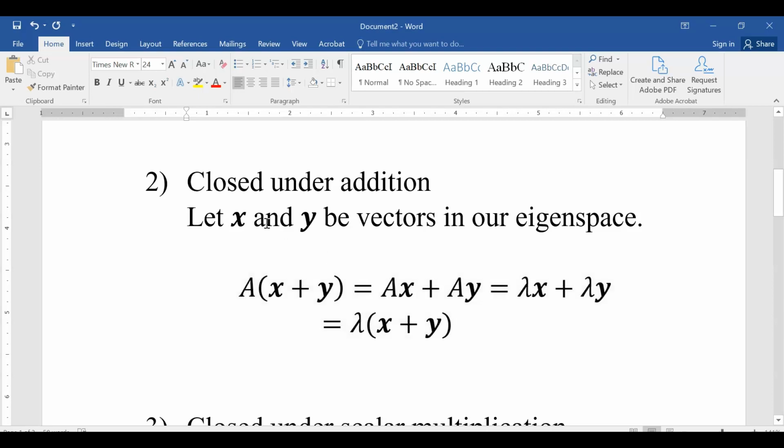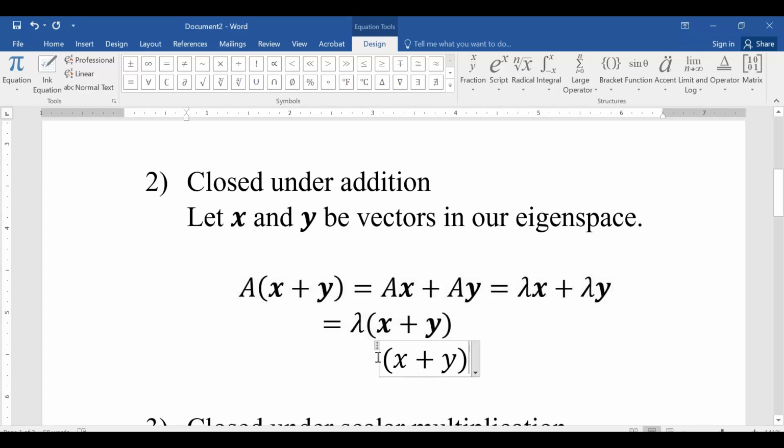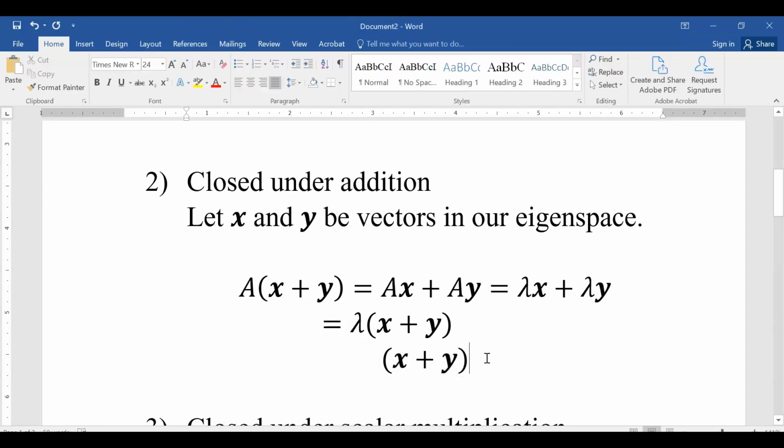So as long as two vectors have the same eigenvalue, then we can do that. So what does that mean? That means the vector sum, x plus y, is in the eigenspace. So therefore, we are closed under addition.